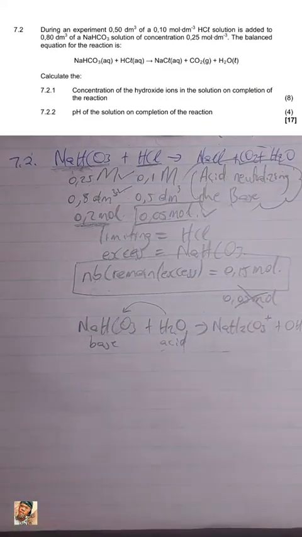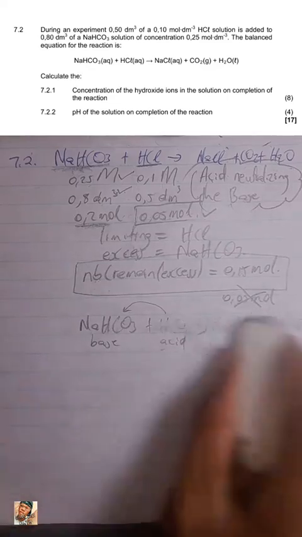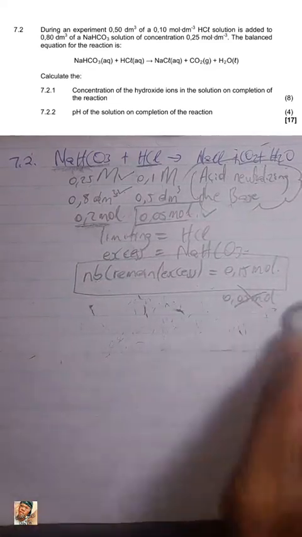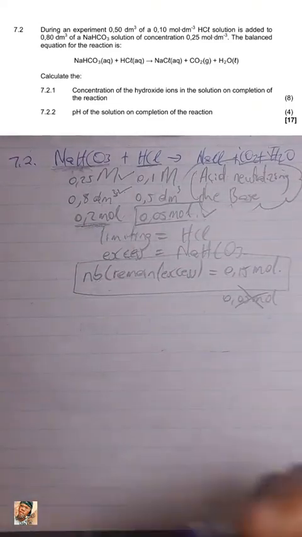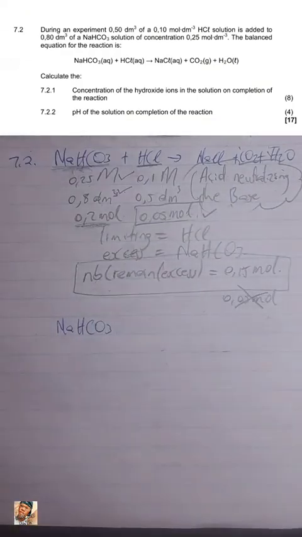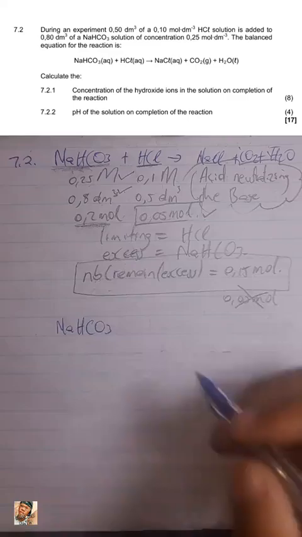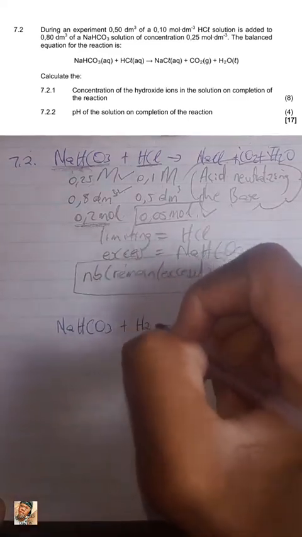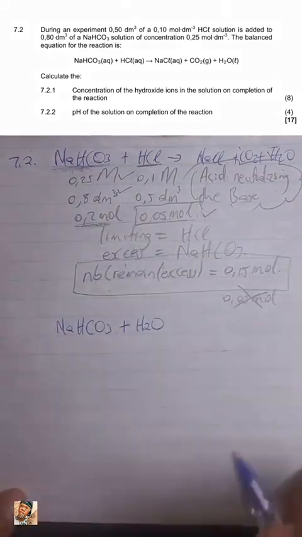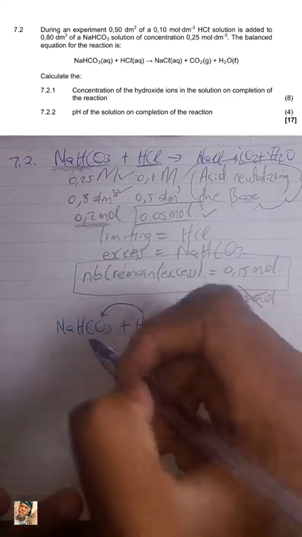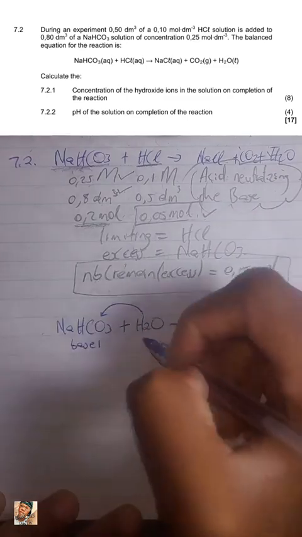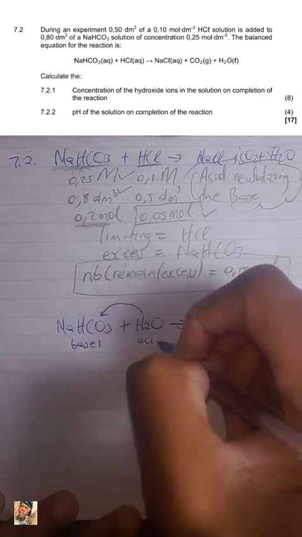Okay, so let me write this formally and neatly for you to be able to see it. I hope you understand that it's going to be the base and water reacting, and the water is going to react as an acid. So we're going to have NaHCO3 remaining in the conical flask, or in the reaction mixture, and it's going to react with water because this is a solution. So this is going to be the solvent, and then it's going to give us what? This is going to be base 1, and this is going to be acid 2.